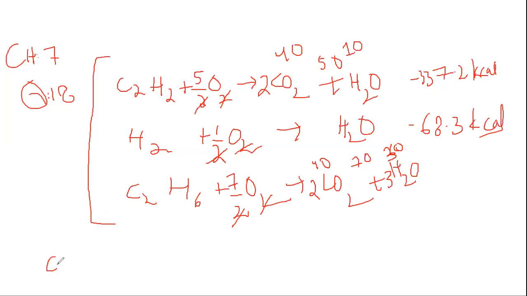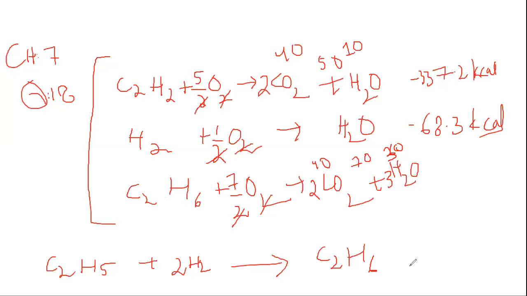Required equation is C2H2 plus 2H2, product is C2H6. All are gases. In thermochemistry, it is very important to write the state of the compound. So in this, all the compounds are gases.